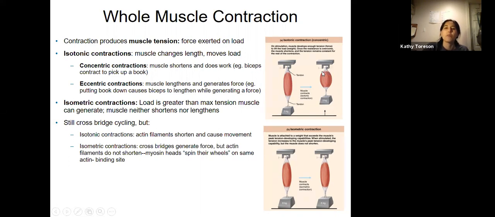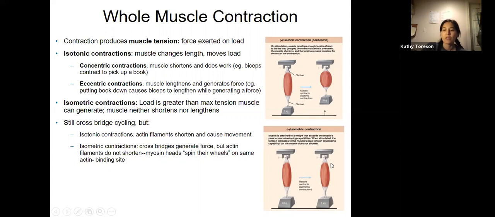So we see that the muscle has contracted, it is shorter, and it was able to generate enough tension to lift this weight. Okay. In isometric contraction, however, even though our muscle is contracting and generating tension, we don't see a shortening of the muscle and we don't see the load being moved.